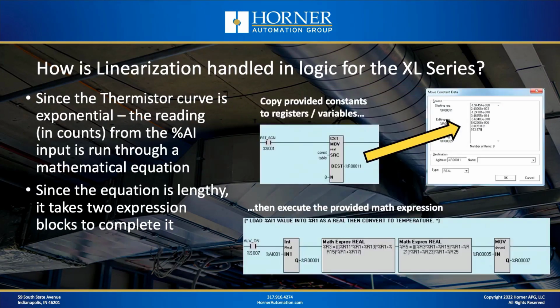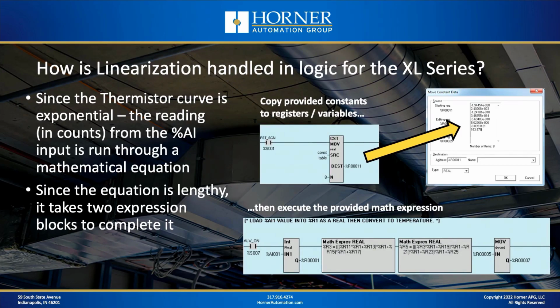Getting back to the specifics, you're going to take the coefficients, or the constants, that we provide you. You're going to use a constant move block to load those into registers if you're using register-based advanced ladder, or variables if you're using variable-based advanced ladder.